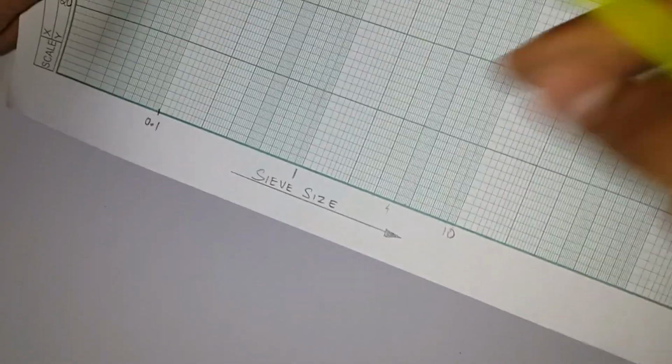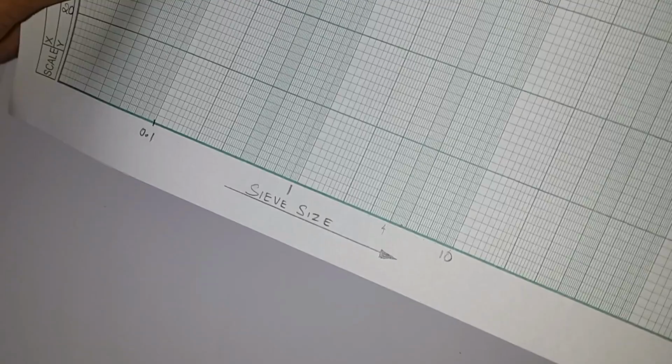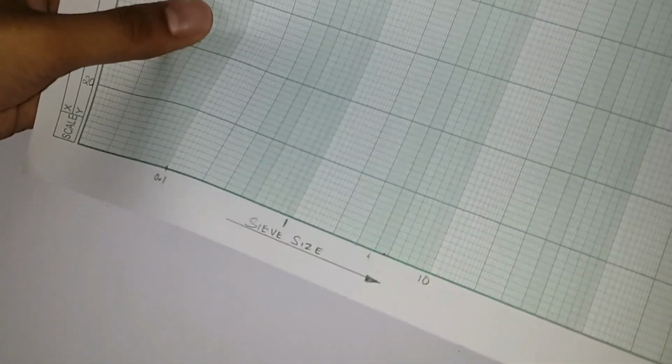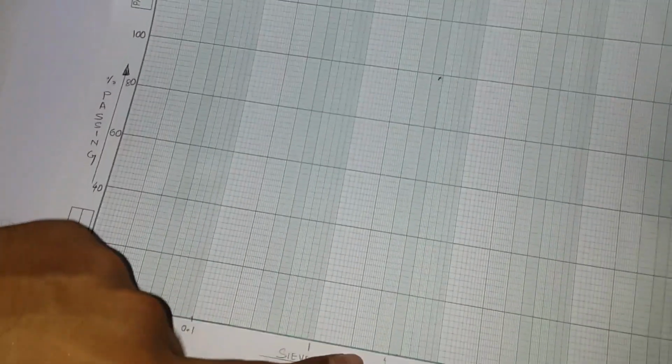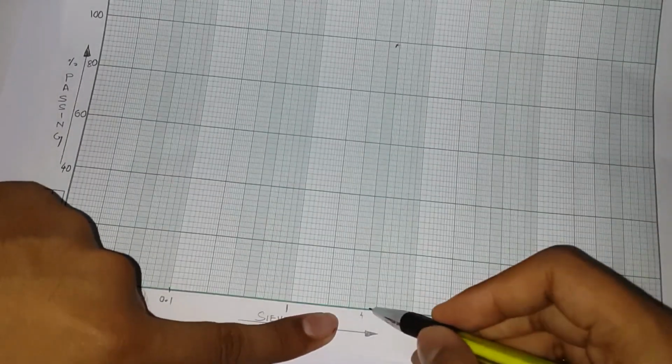For the 4.75 mm sieve, the percentage passing is 99.7.